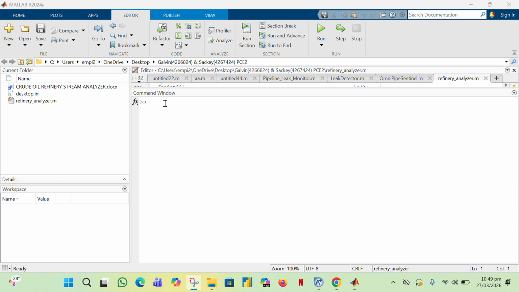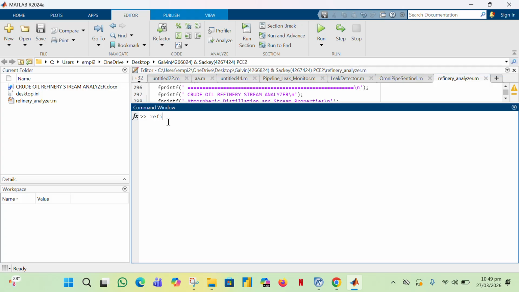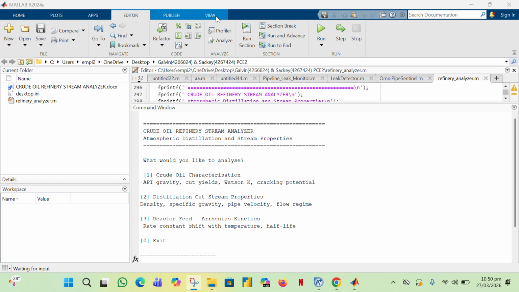So in my command window, I'm going to type Refinery Analyzer to start the application. And just like that, the application opens.